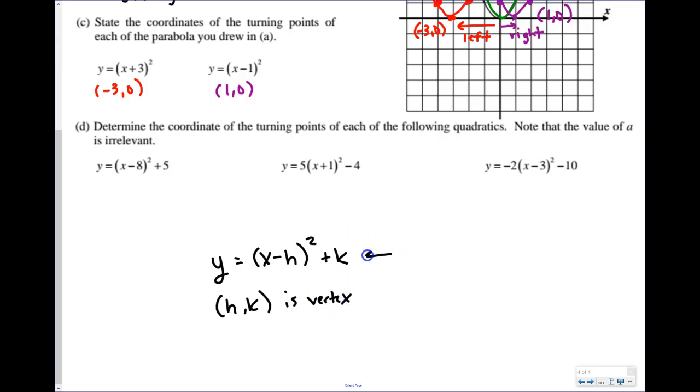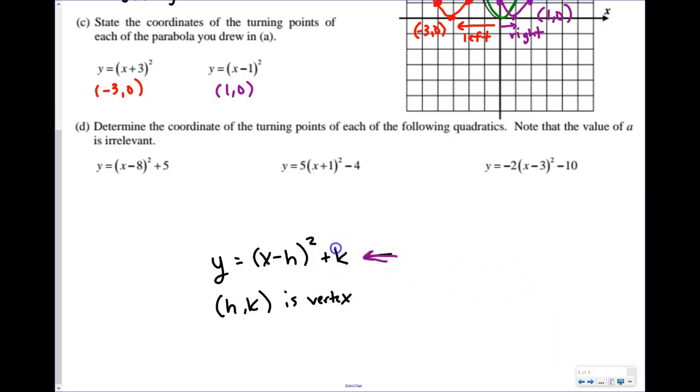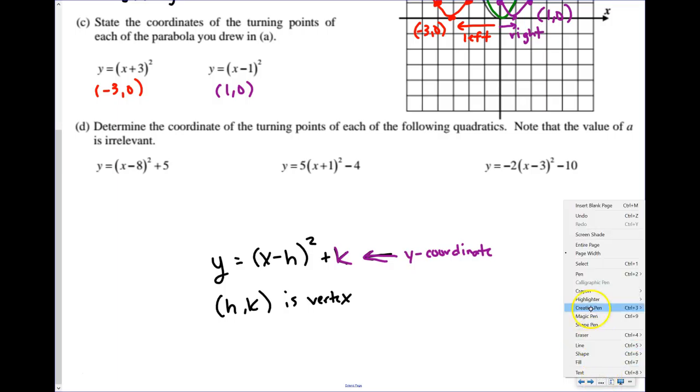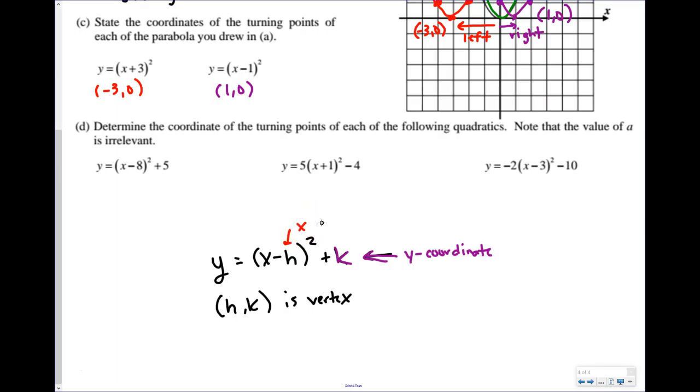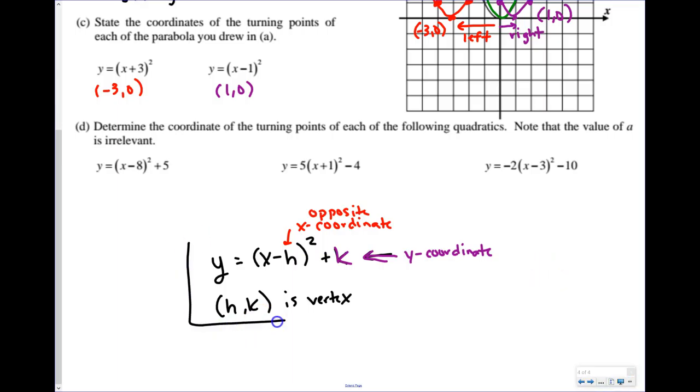The k part of it, I'll make this purple, k determines your y coordinate, and this h here is your x coordinate. But what we just learned is it has to be the opposite of the x coordinate. So this right here is what you need to memorize for shifted form.